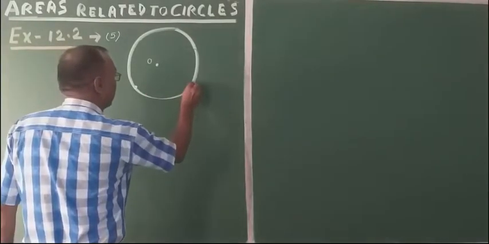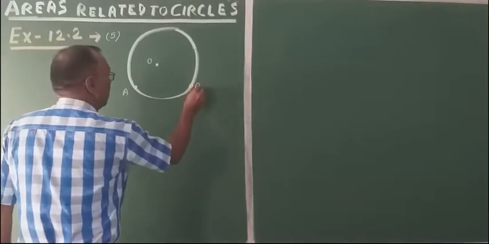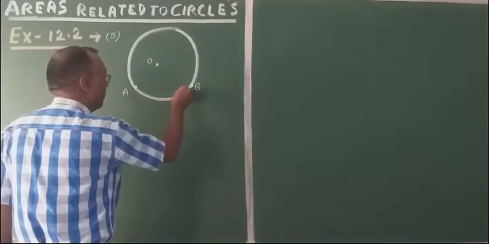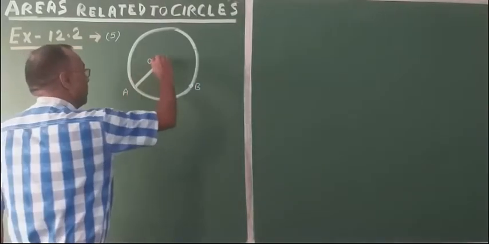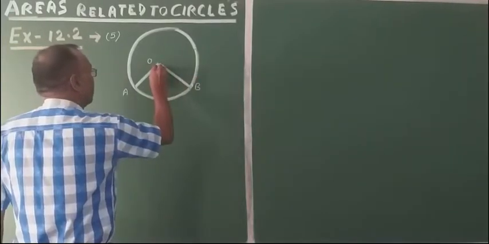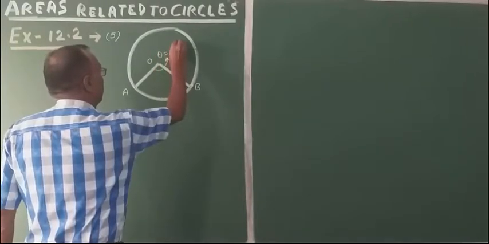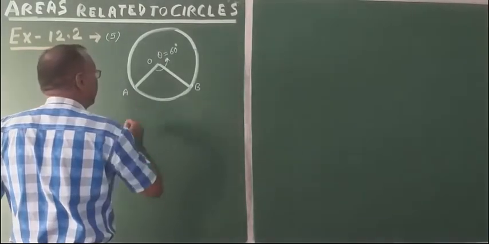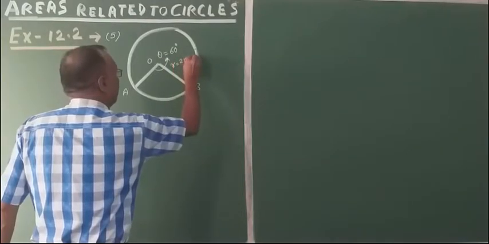This subtends a 60 degree angle at the center. Theta is given, 60 degree, and the radius R is 21 centimeter.